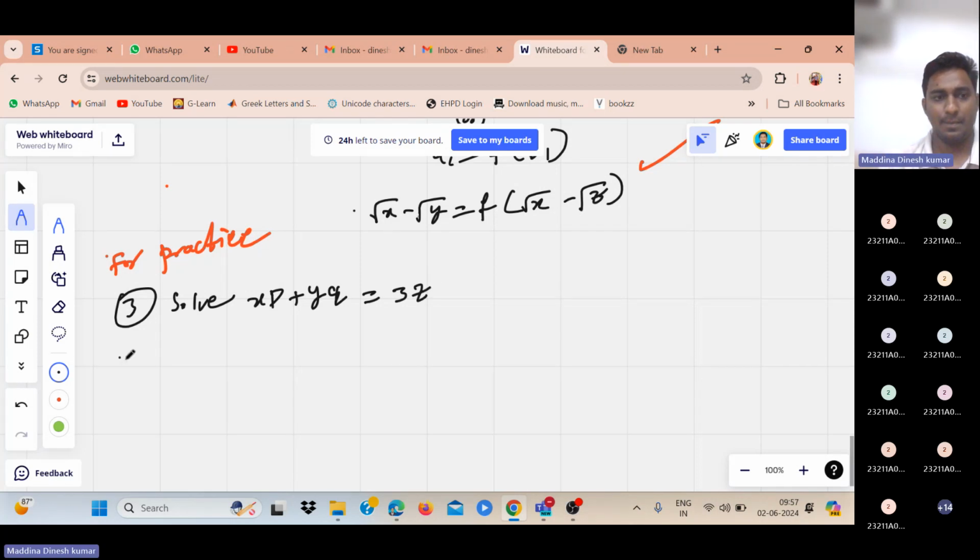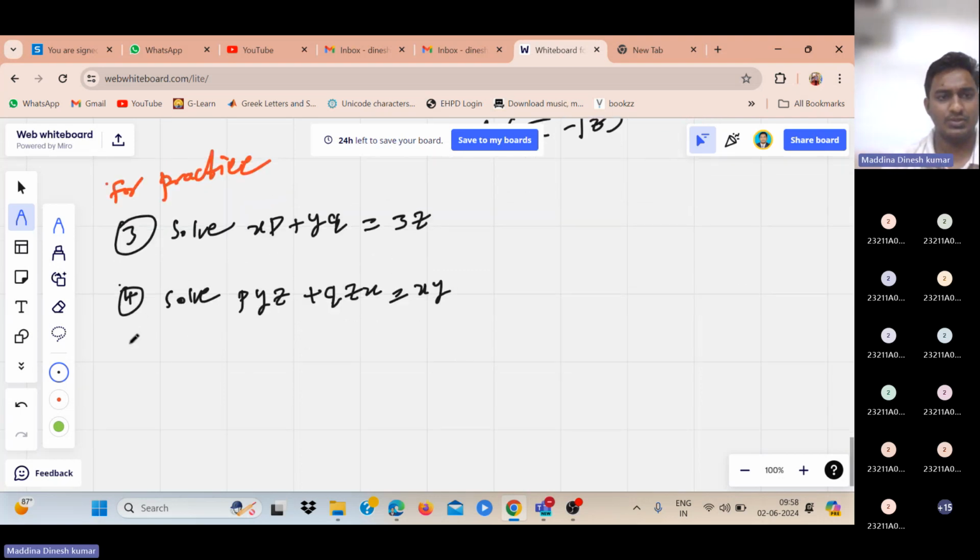Next, the fourth one, solve p yz plus q zx equal to xy, okay? So I will give one more problem also.